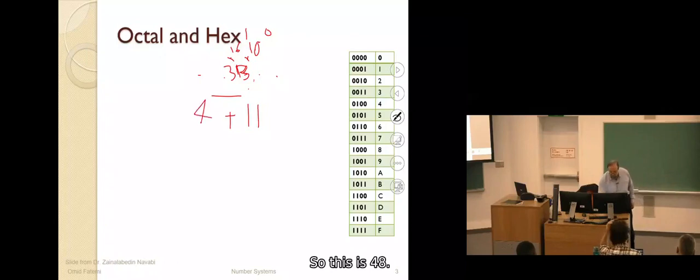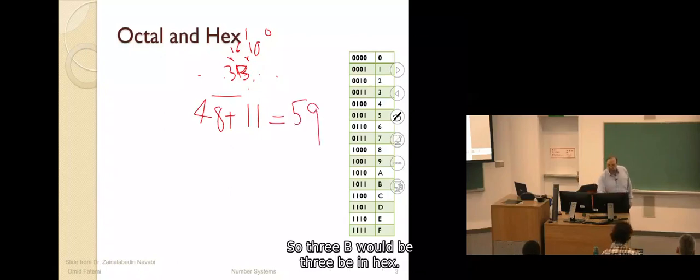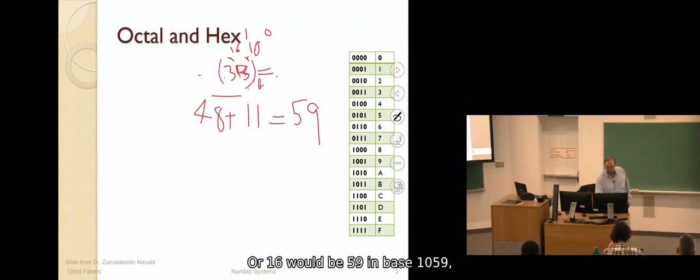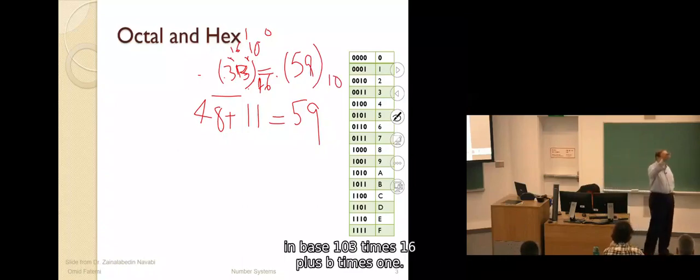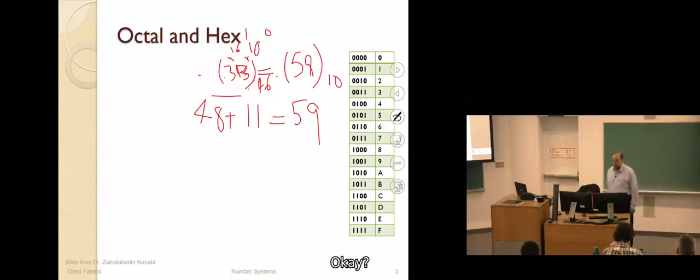So this is 48. 48 plus 11 would be 59. So 3b in hex or base 16 would be 59 in base 10. 3 times 16 plus b times 1. b is 11.